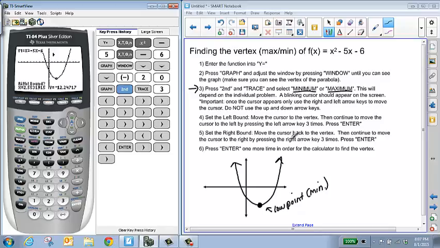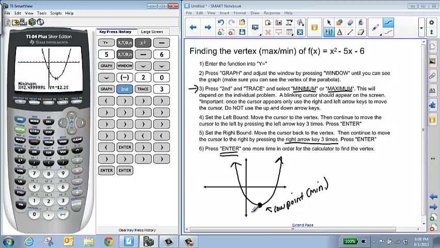Then for the right bound, you want to hit the right arrow key 3 times. So 1, 2, 3, and hit enter. Then when it says guess, you want to hit the enter key one more time in order for the calculator to find the location of the vertex.